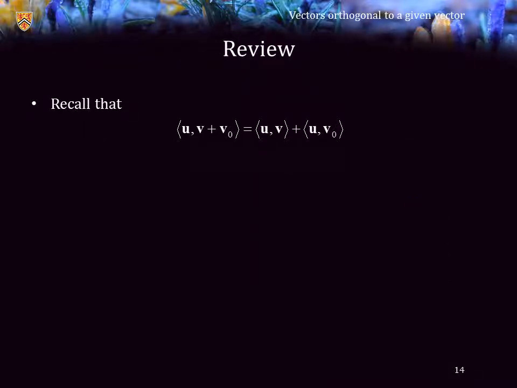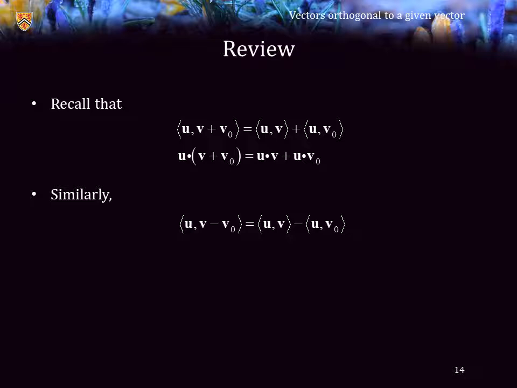So first, let's have a quick review. Recall that the inner product of u and a sum v plus v0 is equal to the sum of the inner product of u and v and the inner product of u and v0. If you're using the dot notation, essentially this says that u dotted with the sum of v and v0 is u dot v plus u dot v0.